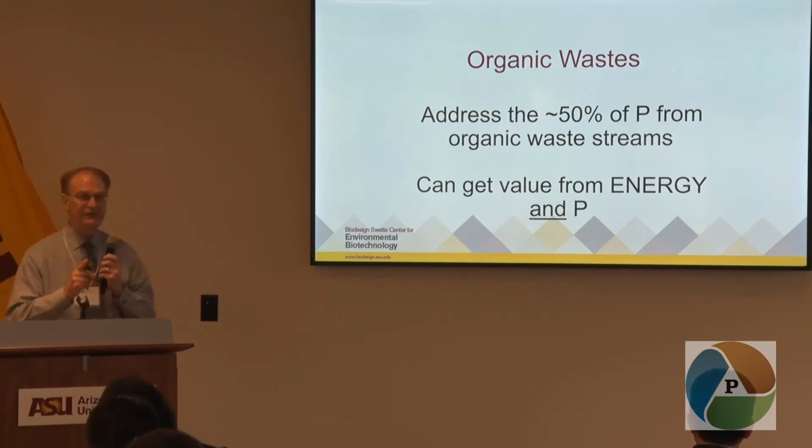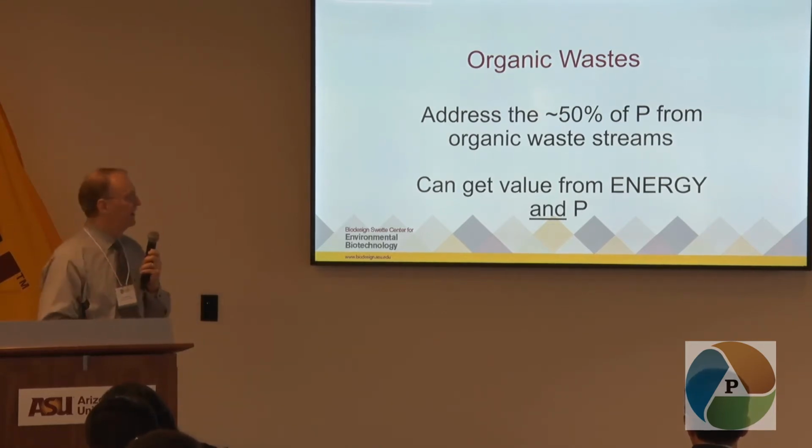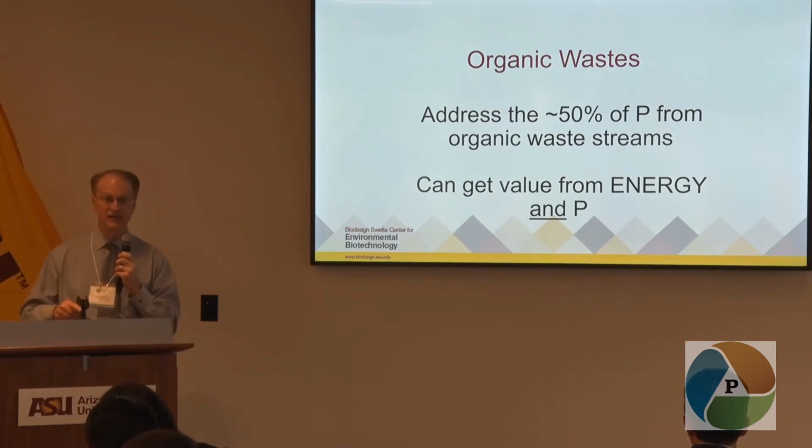Now the important thing to keep in mind about organic wastes and their phosphorus is that organic wastes also have lots of organic carbon in them. And that means we can harvest a lot of energy, because the energy is in the carbon, and that's a benefit.